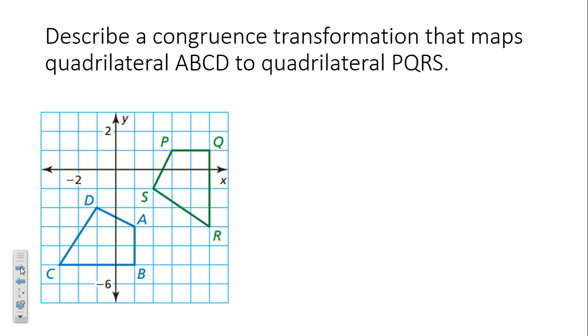Describe a congruence transformation that maps quadrilateral ABCD to quadrilateral PQRS. Andrew, face forward, please. Okay. ABCD. A is going to P. B is going to Q. C is going to R. And D is going to S. What is it? 90-degree rotation.